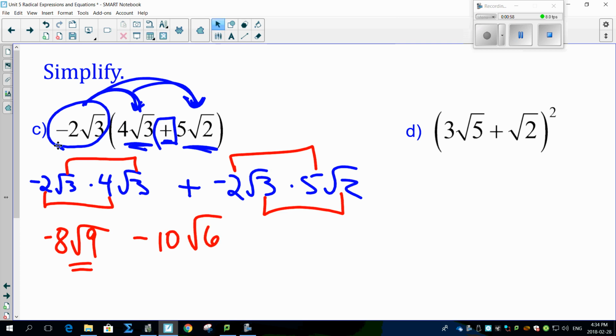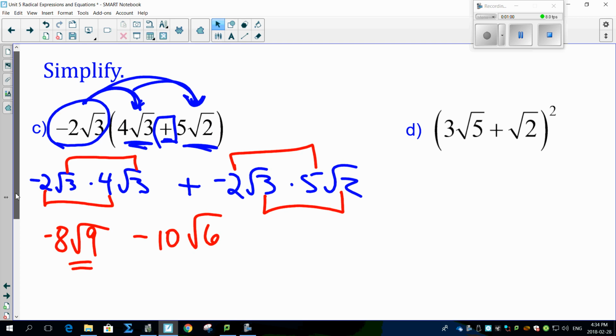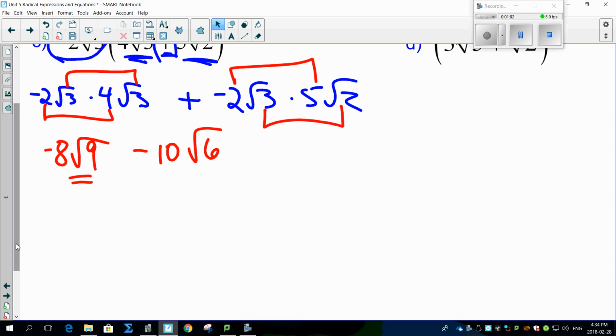Now, most people will stop right there and say, oh yeah, we're done. But one of the things you have to look at here is, you can actually break down root 9, because you know the square root of 9 is just 3. And negative 8 times 3 is negative 24.